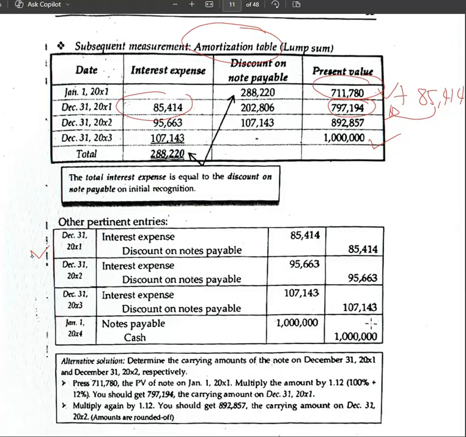Pero kung halimbawa, yung kanyang issuance ay nagkataon other than January, let's say February, March, or let's say March 1 or April 1, the yearly amortization does not always fall on the reporting date.